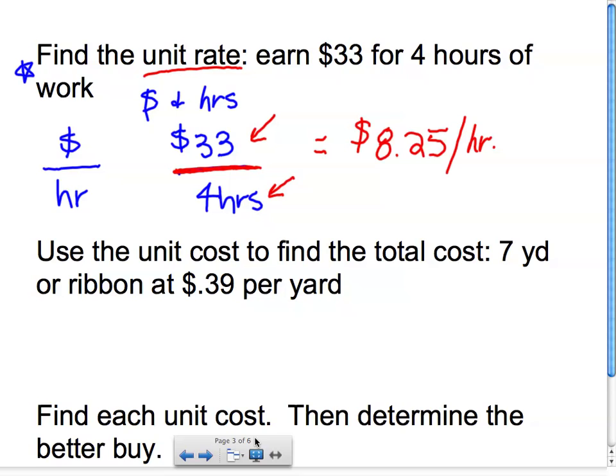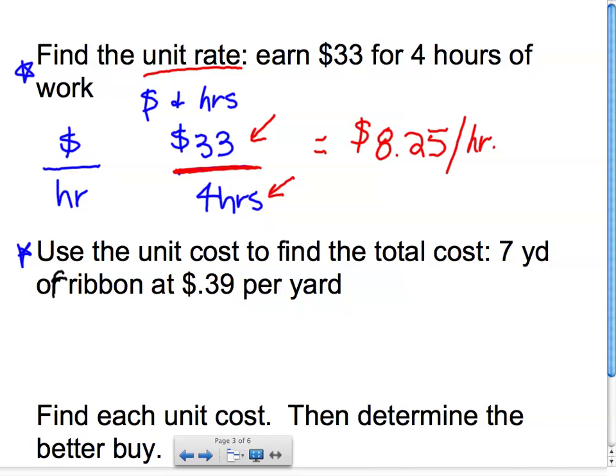All right, so now the next problem that we're going to work with says use the unit cost to find the total cost. 7 yards of ribbon, we have a typo here, of ribbon at 39 cents a yard. So we want to find our total cost.